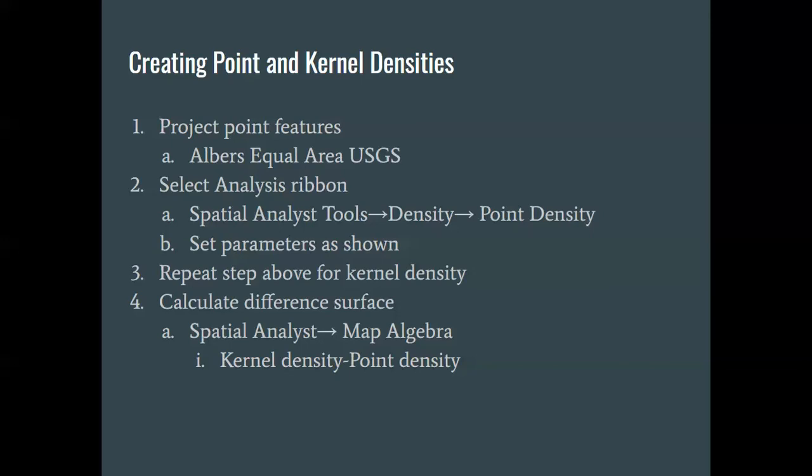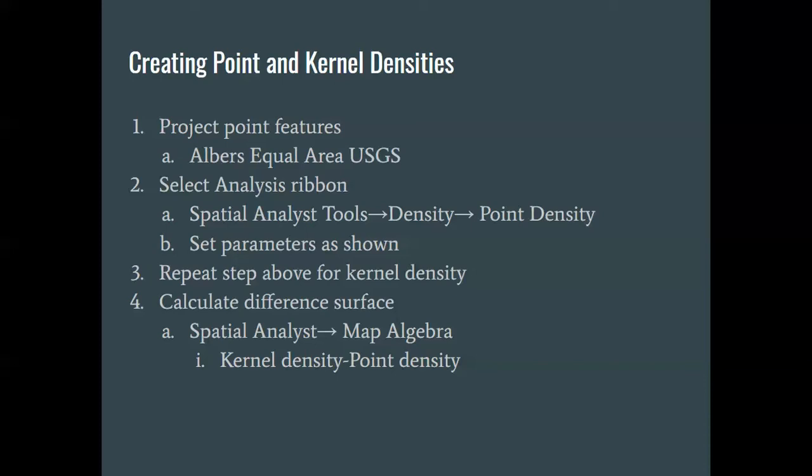All right, so here's what we're going to do. We're going to go through some basic steps, and I'm going to outline them here, and then we're going to look at them, in fact, in ArcGIS Pro, and you are going to produce two raster surfaces, and then we're going to calculate their difference. So step one, very important. We're going to take our Bigfoot observations, and we're going to project that data so that it is an Albers equal area US GIS.